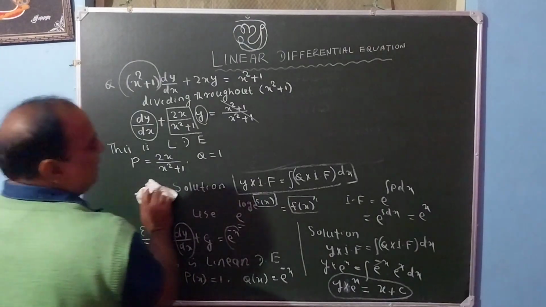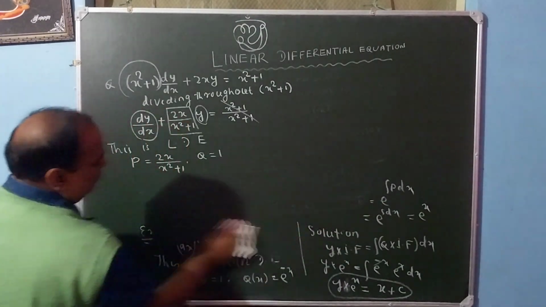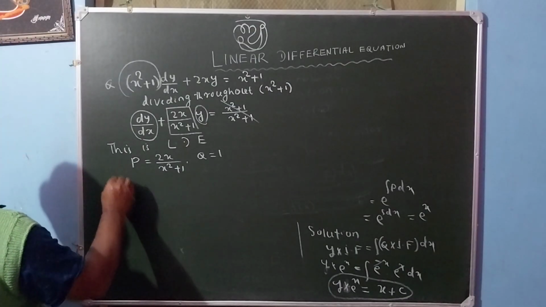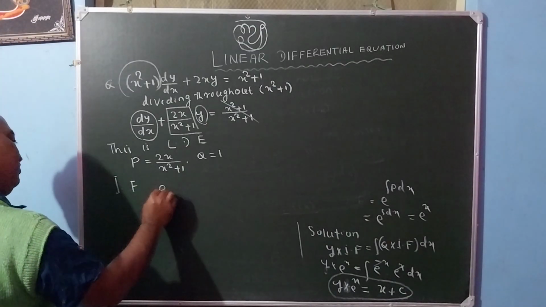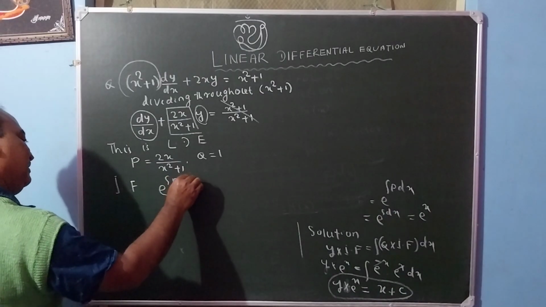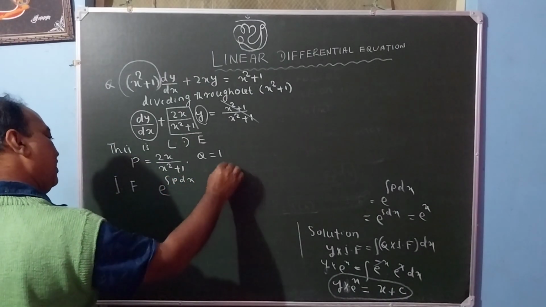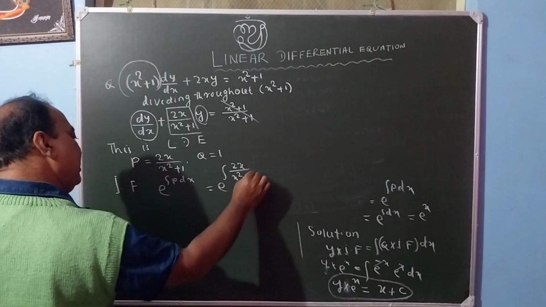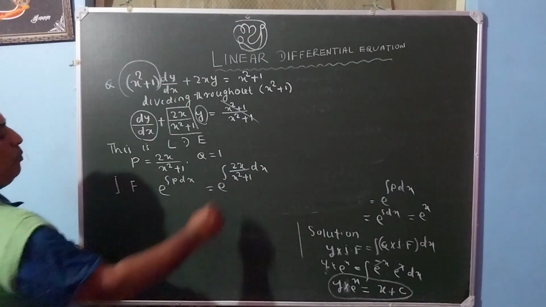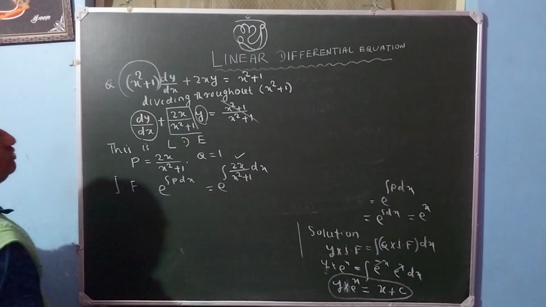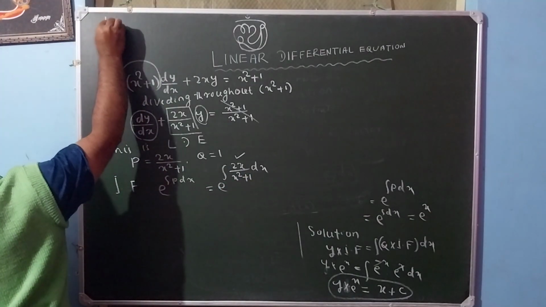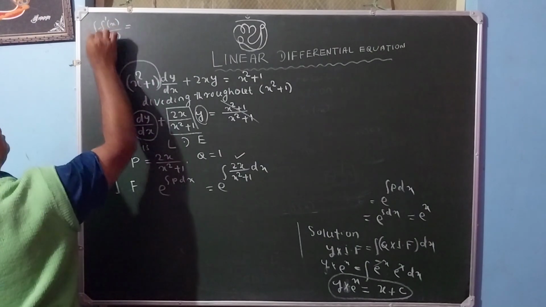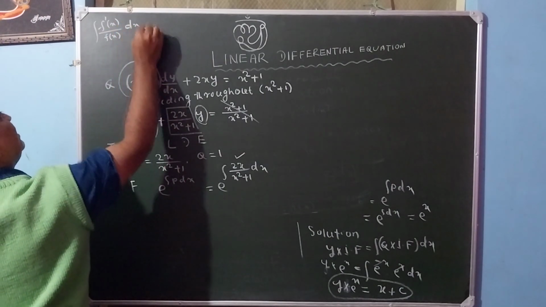Now we have to find the integrating factor. Integrating factor is e to the power integral of P dx, that is e to the power integral of 2x by x square plus 1 into dx. Upper derivative, lower function. We know one formula: integration of f dash x by fx is ln fx.